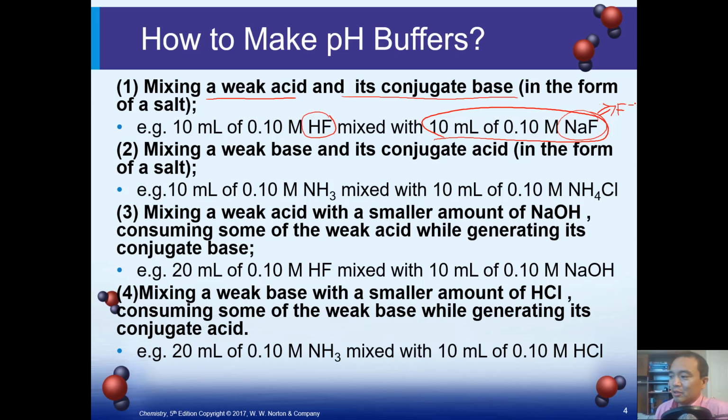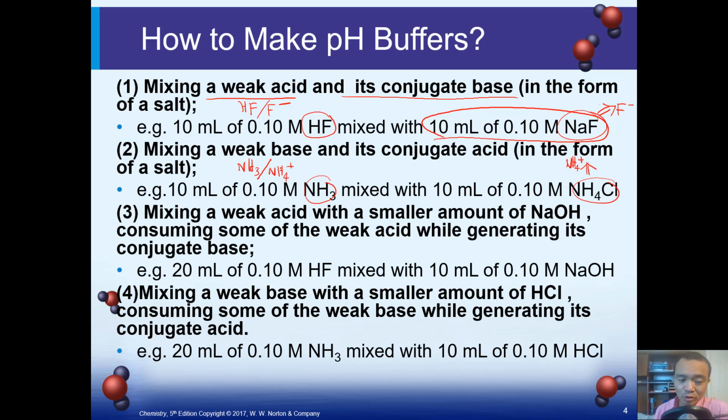The second method, you can directly mix a weak base, like ammonia, with the ammonium ion, which is the conjugate acid, provided by ammonium chloride. This provides the conjugate acid. So the first one is HF with F-. Second one is NH3 with NH4+.